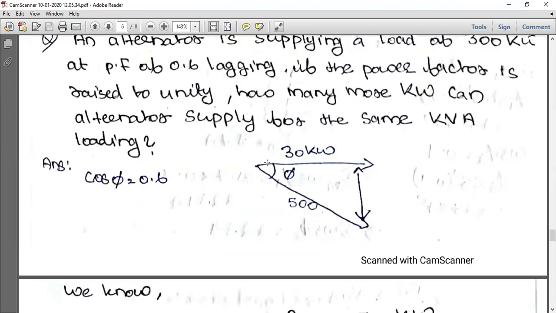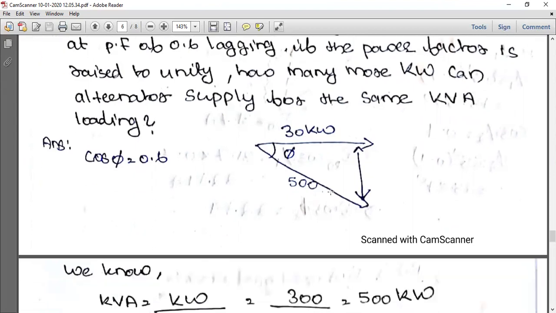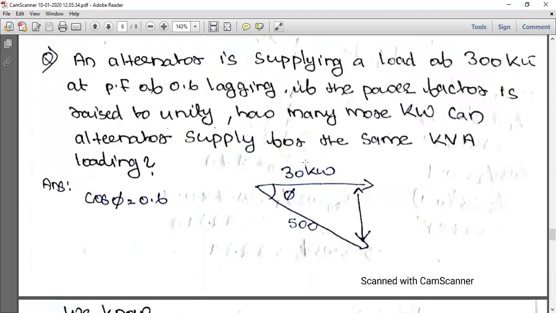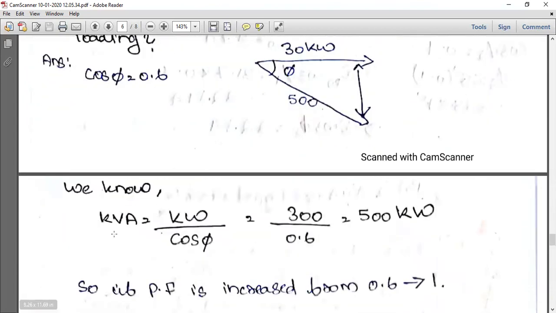So we have cos phi equal to 0.6 and 300 kilowatt, sorry, it is 300, not 30. 300 kilowatt will be the active power, and the question is how many more kilowatt can be used by the alternator. So we have this equation: cos phi is equal to kW by kVA.